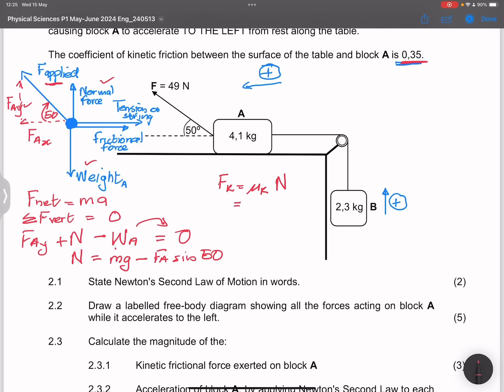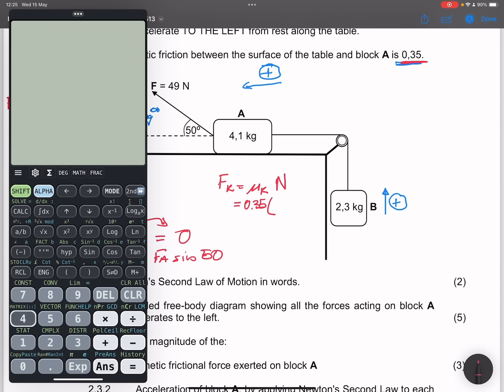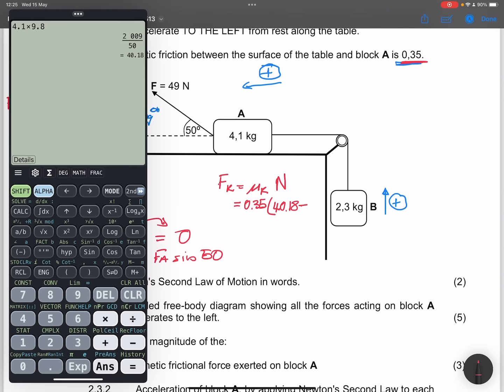So this would be 0.35 into mg, so that's 4.1 multiplied by 9.8, which is 40.18, minus, so we've got the coefficient of friction, so this is going to be 49 sine of 50.